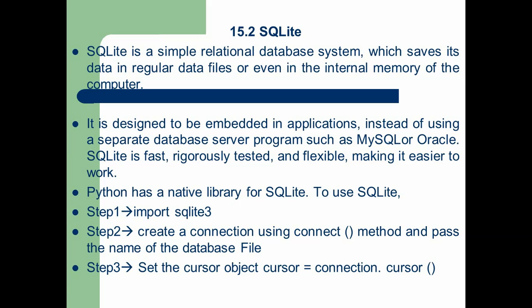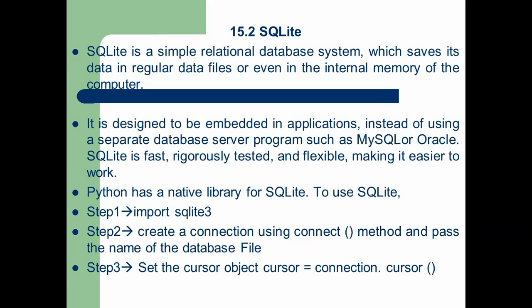SQLite is fast, rigorously tested and flexible, making it easier to work with. It is a simple and fast database software embedded in application software which can be used through Python. There are no heavy commands or heavy memory required for SQLite, unlike MySQL and Oracle.